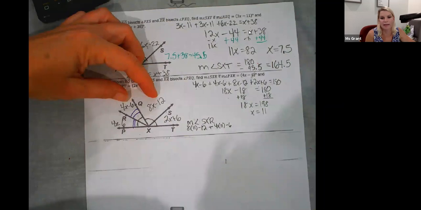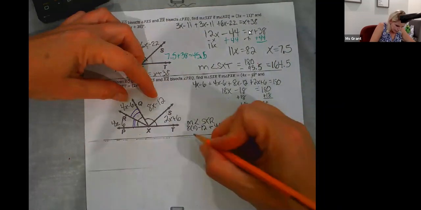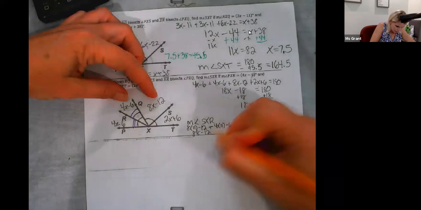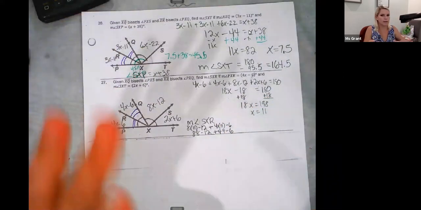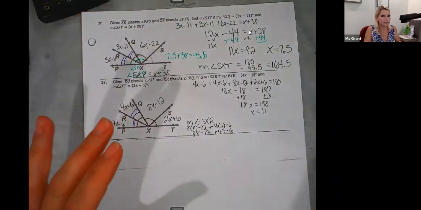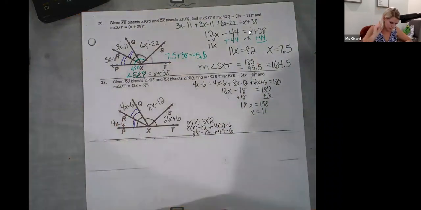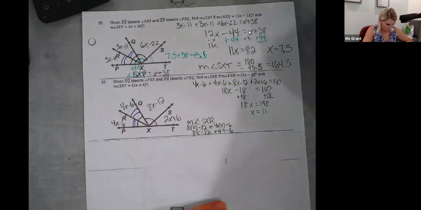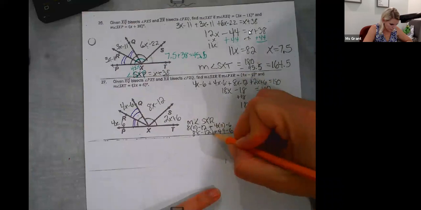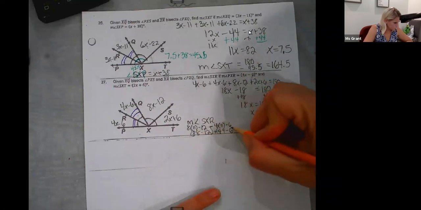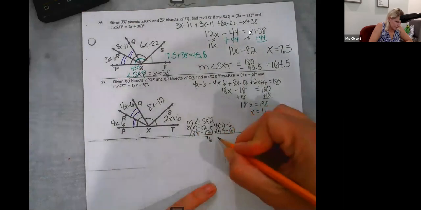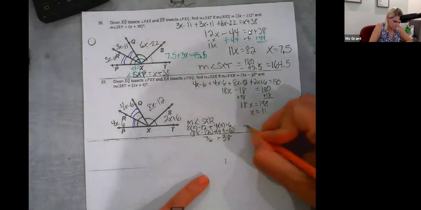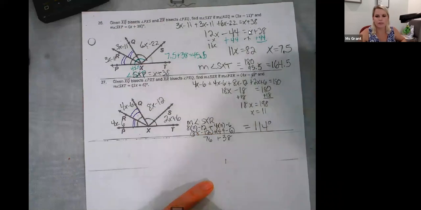That makes SXR. 88 minus 12 plus 44 minus 6, going from left to right, is 114. I could even do it like this if you want: 76 plus 38 equals 114 degrees.